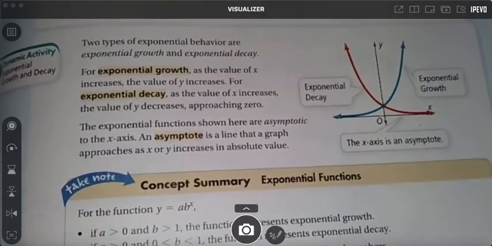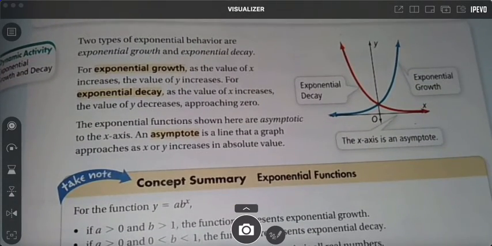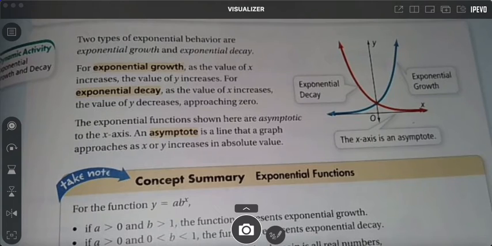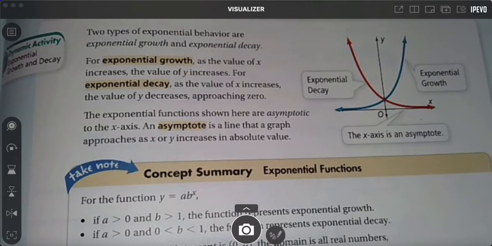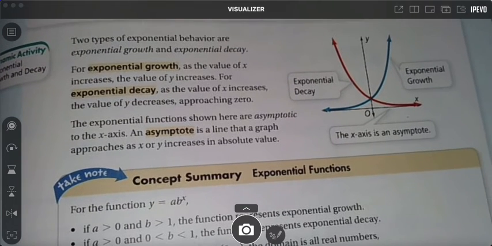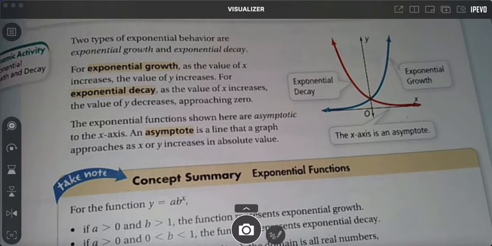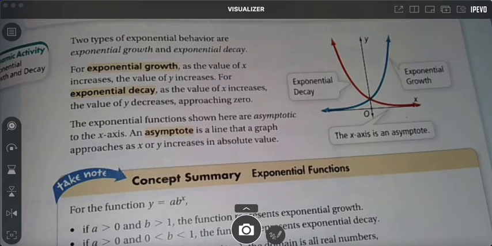They want us to just look at some problems and decide if it's exponential growth, exponential decay, and maybe where the asymptote is. We talked about asymptotes, right? An asymptote means that you can't get to that line. You can get closer and closer and closer to something, but you can never get to it. I've told y'all about dividing by 2, right?